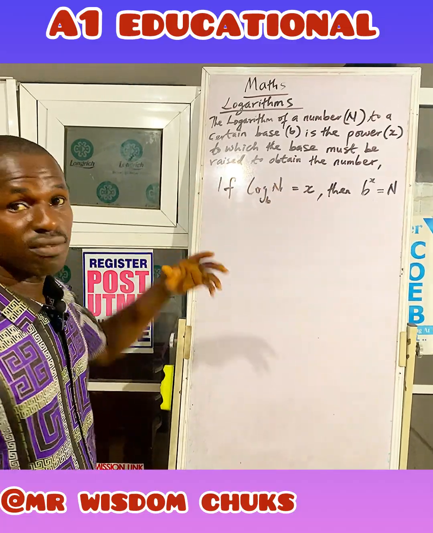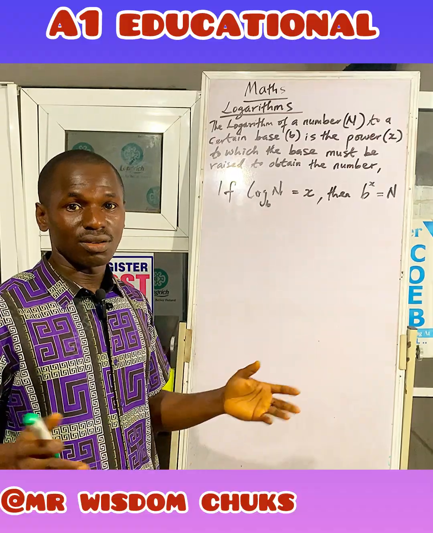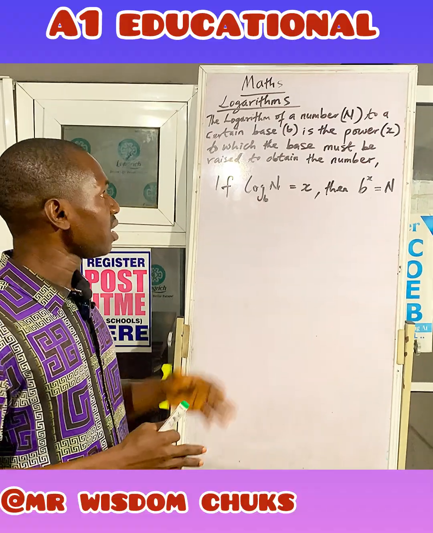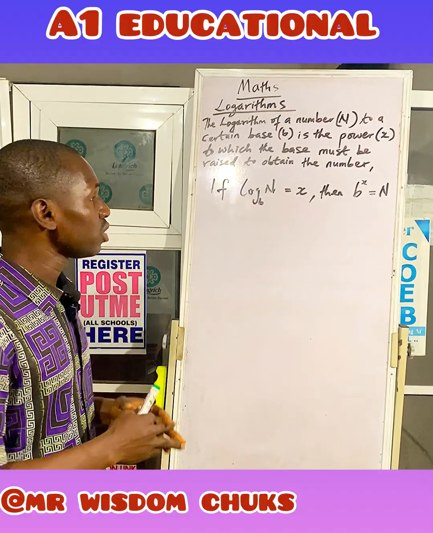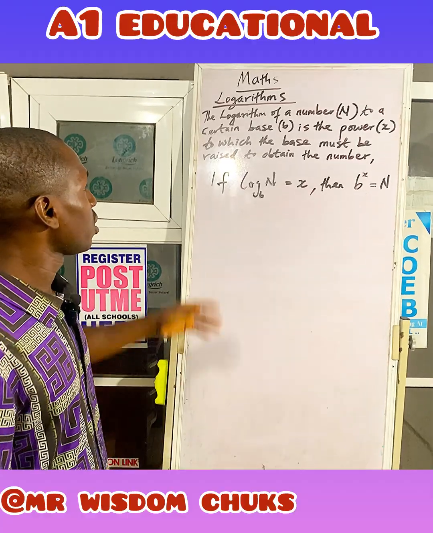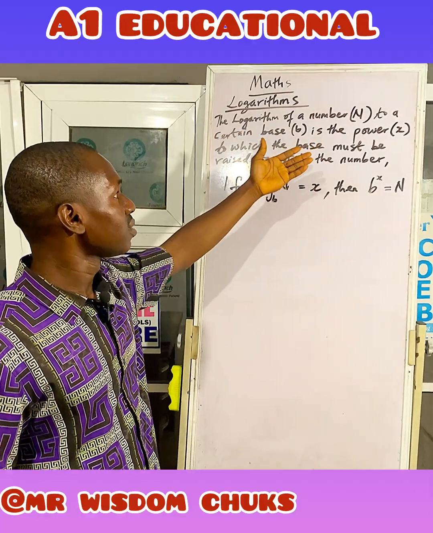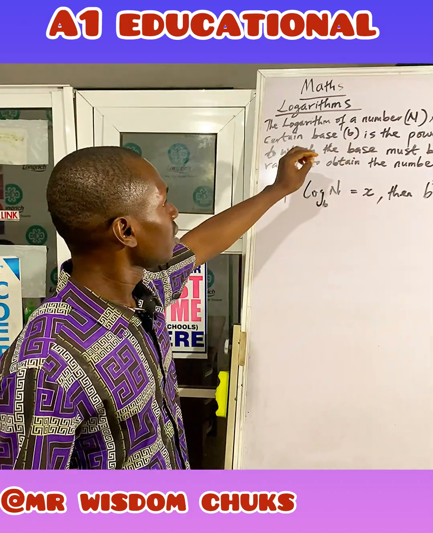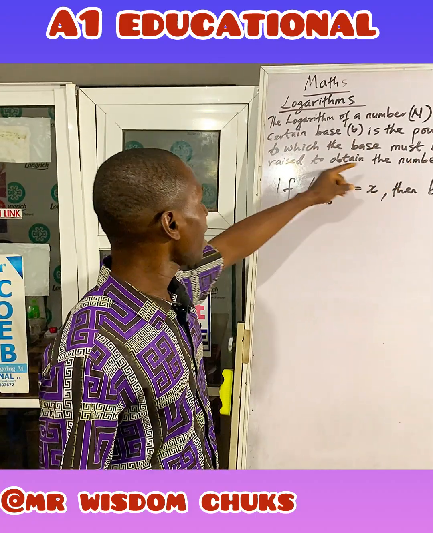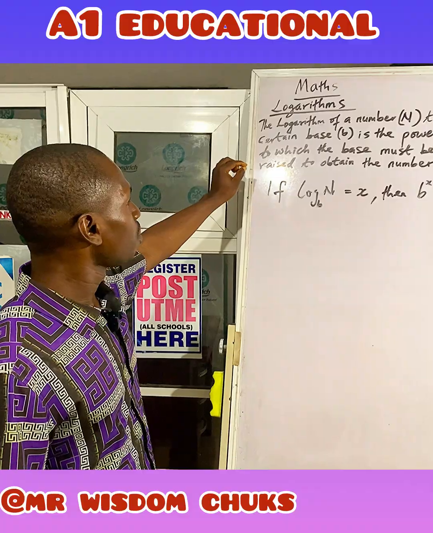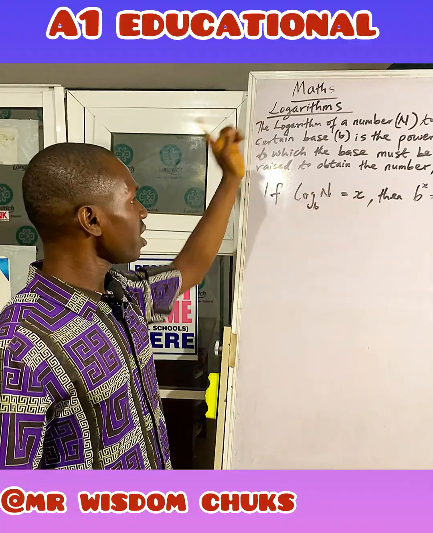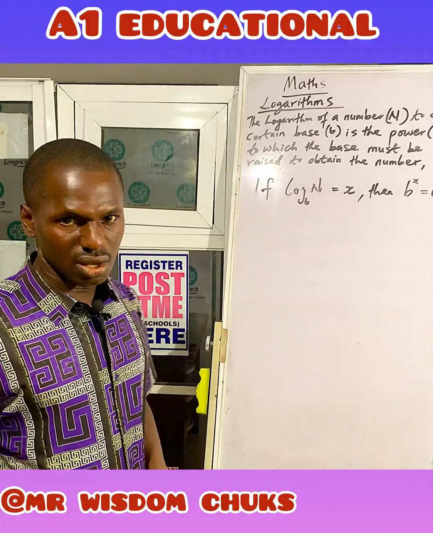So we are conversant with indices and logarithms. Indices refer to powers. With the knowledge of indices and powers, we can go on to define the logarithm of a number n to a certain base as the power x to which the base must be raised to obtain the number.